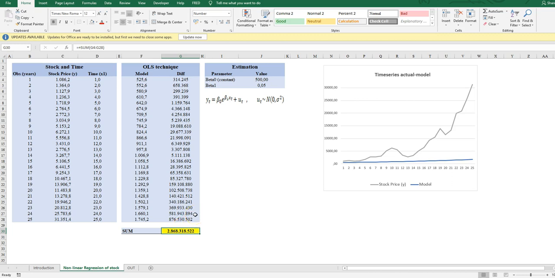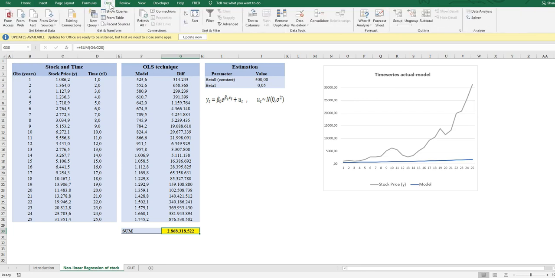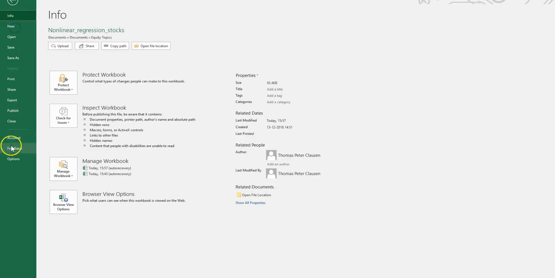Okay, as I said, we use the Solver, and the Solver you will find in the Data category, unless you haven't downloaded it in the add-in function in File.